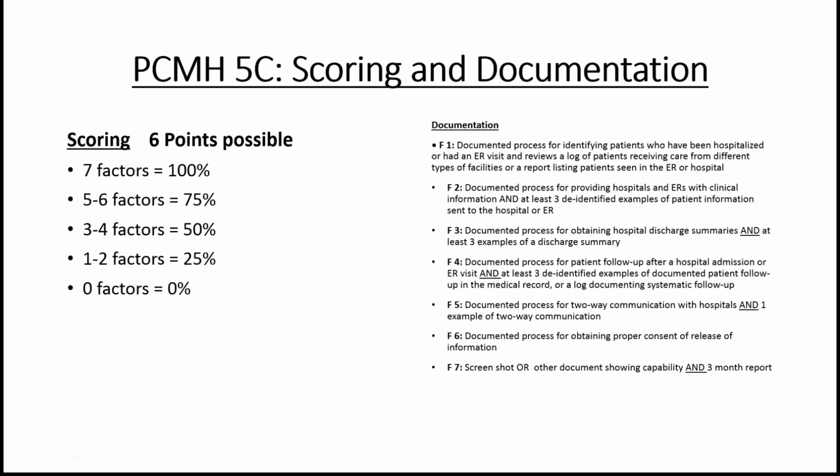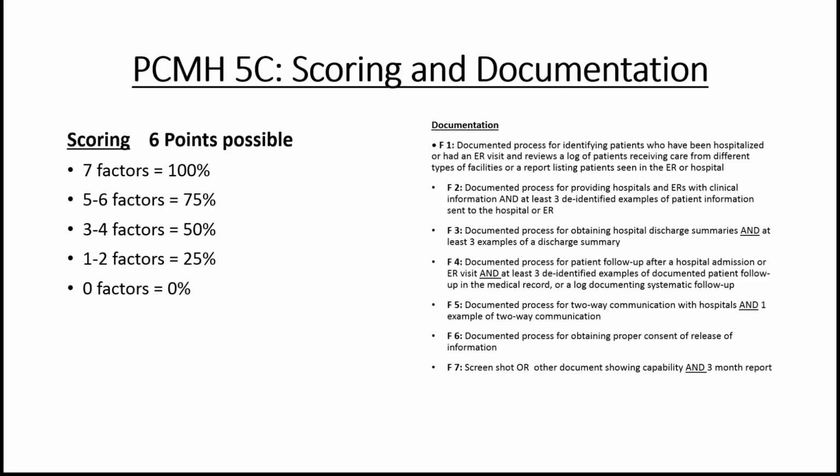So looking at the scoring for this element, again, 6 points, with all 7 factors being what you need to reach 100%. No critical factors within this element, so the scoring's pretty straightforward as to what factors are required for what percent.